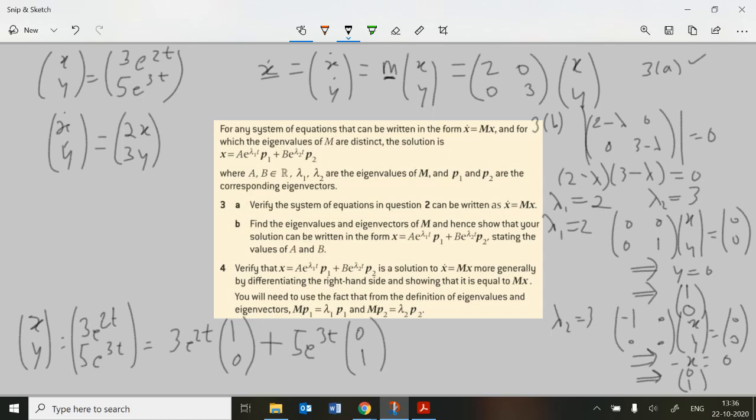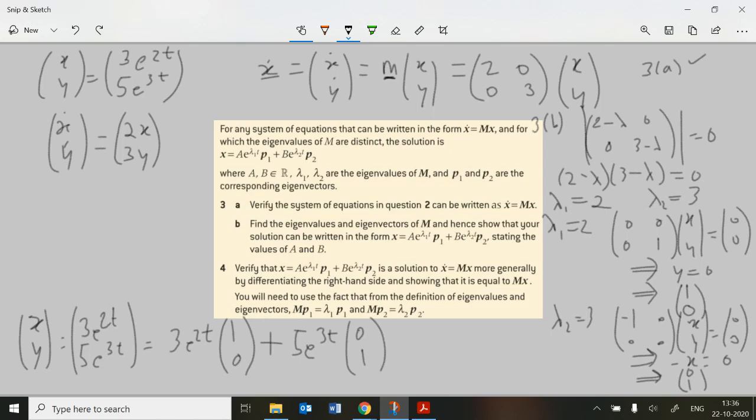Okay, so I've not solved to find out what a and b are. We've just shown that we can write it in this format here with some constants a and b, and it turns out the constants a and b are the same as these constants here from the original solutions. It can be written in those, stating the values of a and b. The value of a is 3 and the value of b is 5. Okay, so all we've done is verify that this is possible at this stage. So we've come up with a simple example.